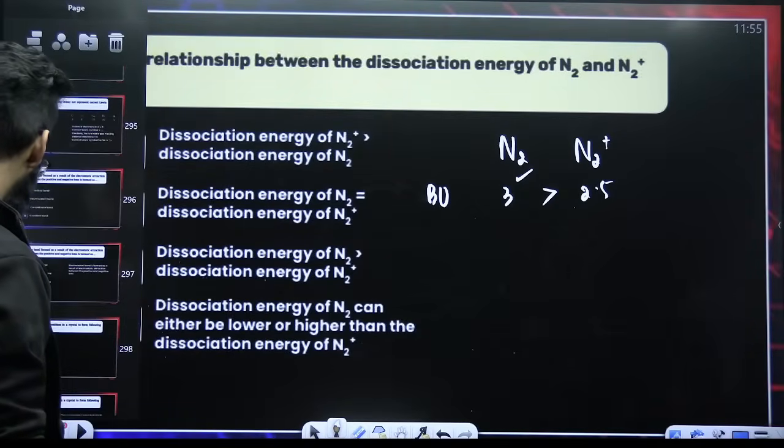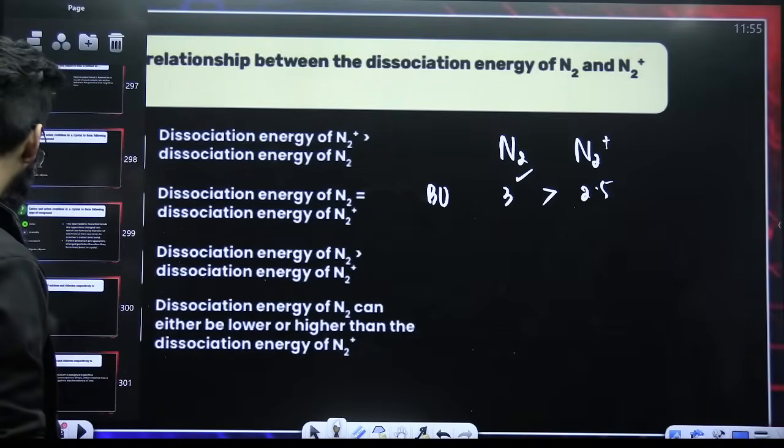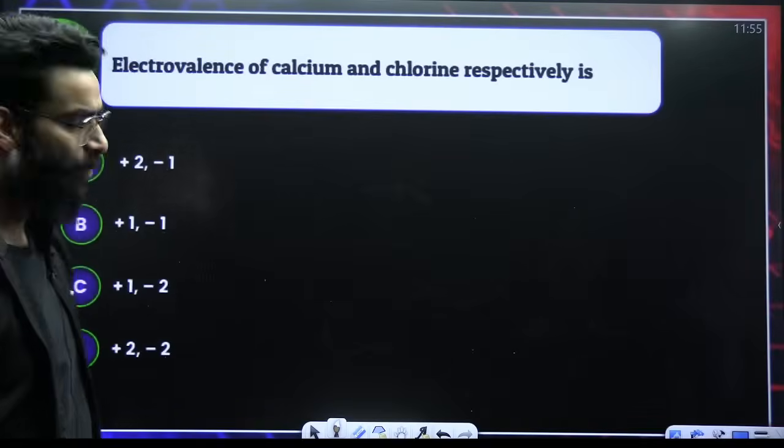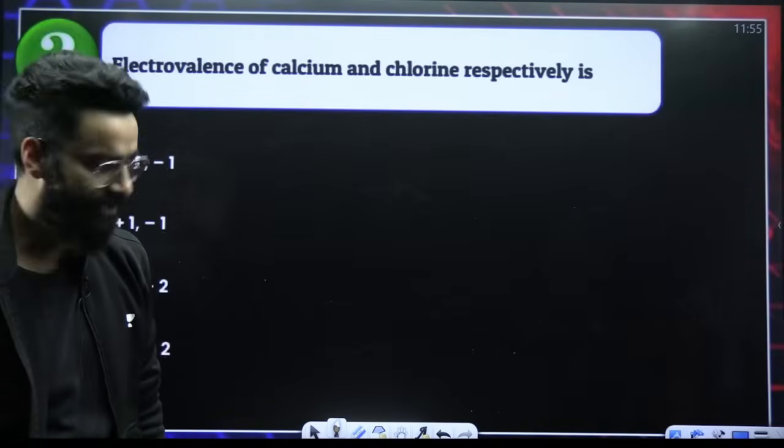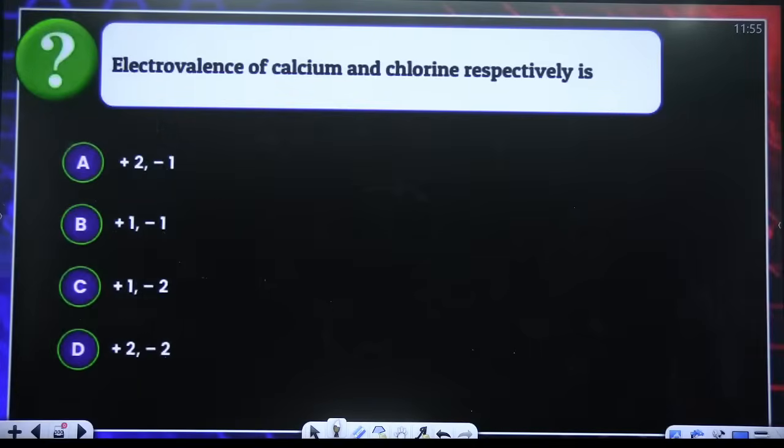These are the repeated questions here. Electrovalence of calcium and chlorine. One simple and basic question which all of you can solve easily. What do you think? Calcium belongs to group 2, so 2 electrons in its outermost shell, right?